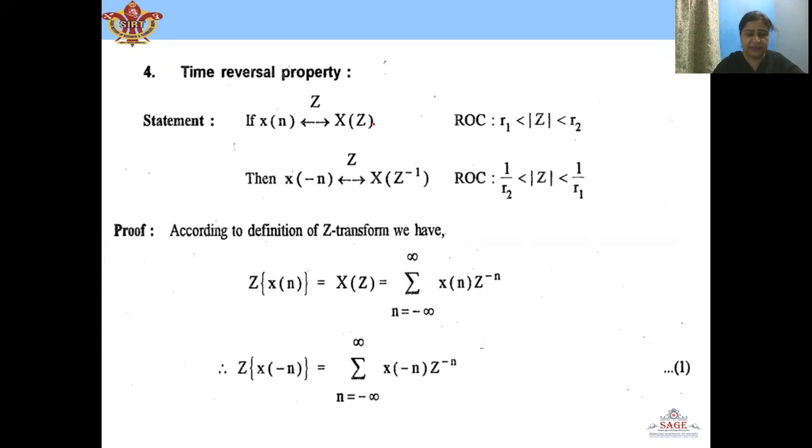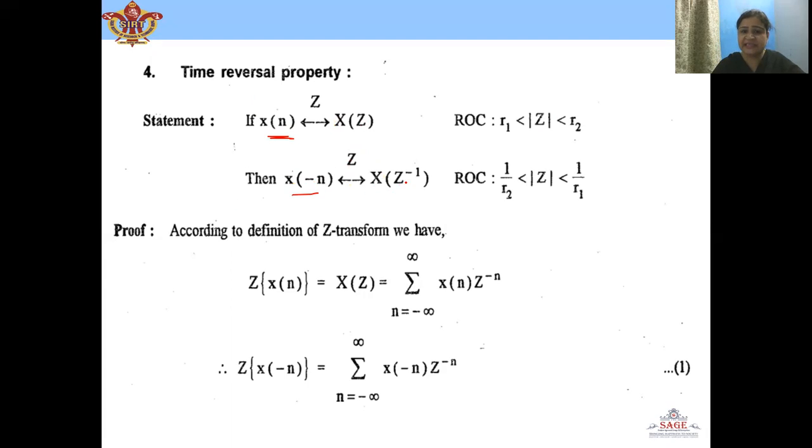Time reversal property. Now, if we have any signal x[n] which has Z transform X(z) and ROC between R1 and R2, then if I take the time reversal of this signal x[n], that means instead of x[n], I take x[-n], I want to find the Z transform of this time reversal signal.